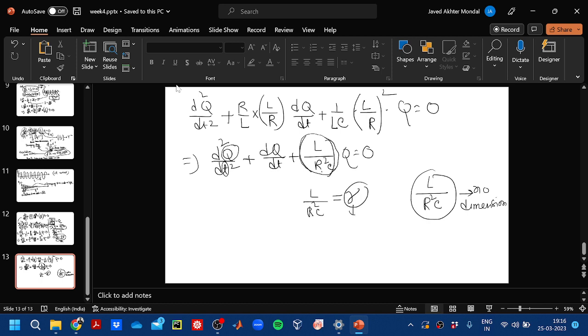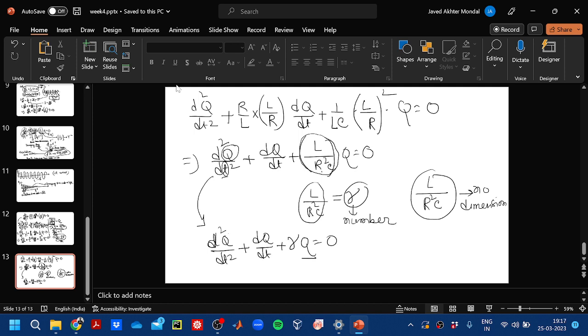So the equation that we are left with is a pure equation, and there are no dimensions involved. This q and this t are all dimensionless, and we can write this as d2q dt square plus dq dt plus gamma q.